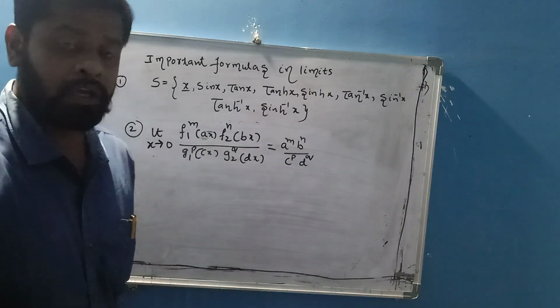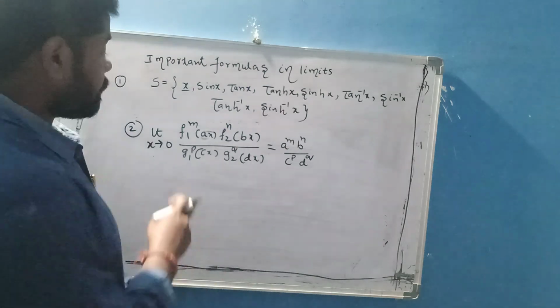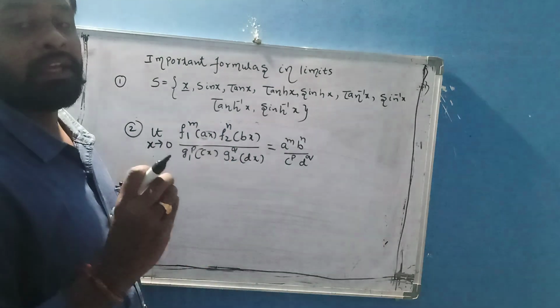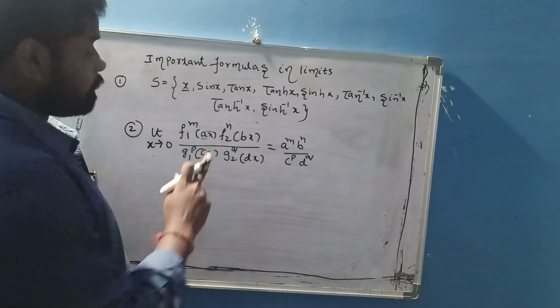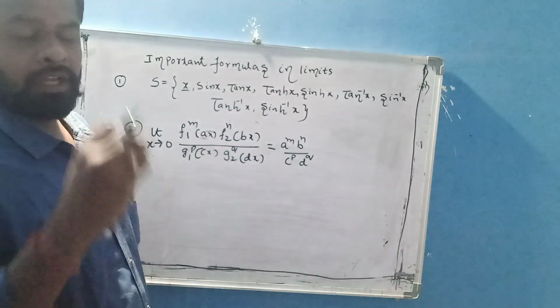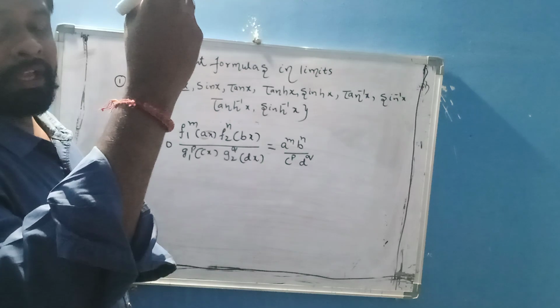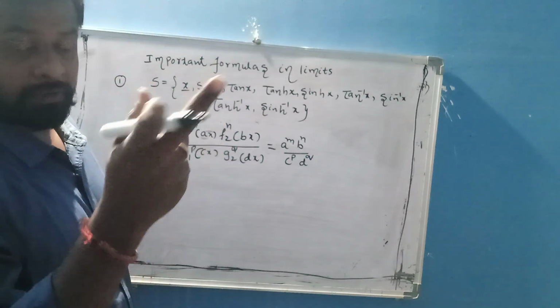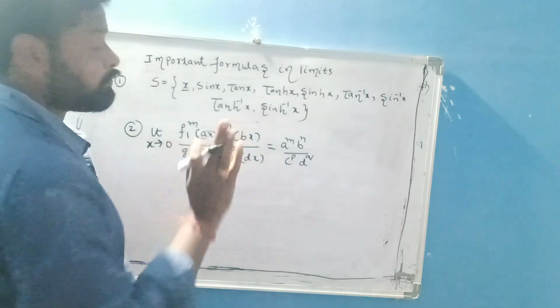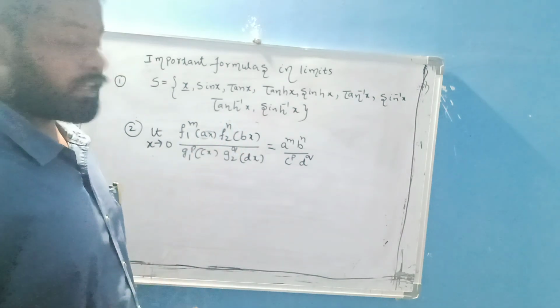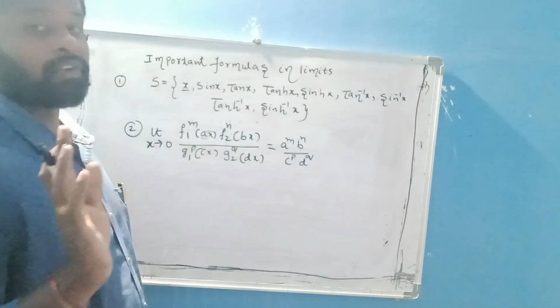In the last formula, it was only addition and subtraction. But here there is no addition or subtraction; it is multiplication of two functions in the numerator and denominator, and powers are also there.